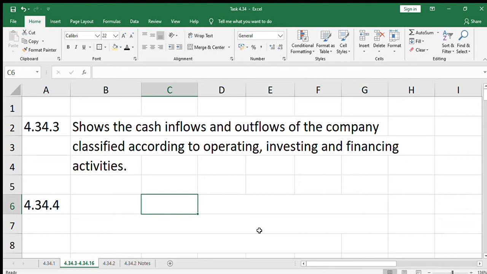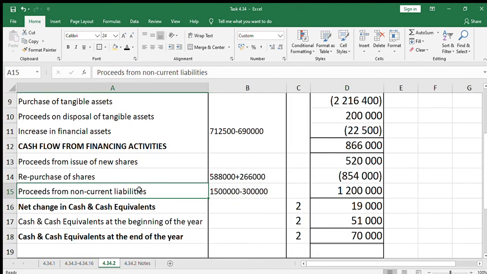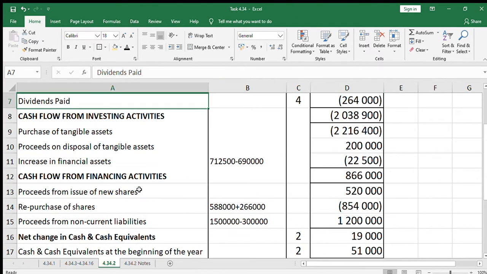Explain 4 major decisions taken by the directors as evidenced by the cash flow statement. Quote figures to support your answer and explain how these decisions should benefit the performance in the future. Now with this, when it says quote 4 major decisions, we don't necessarily look at the operating activity section of the cash flow, we look at the other sections of the cash flow. And we look at the big amounts.